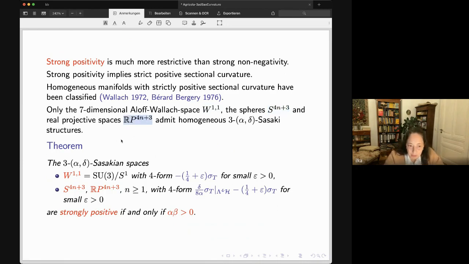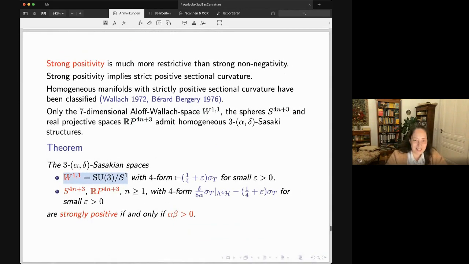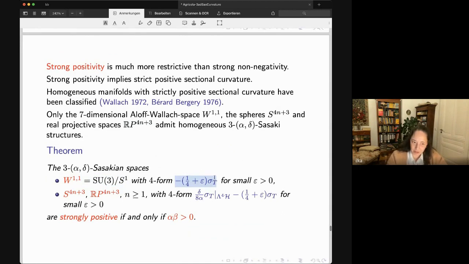Okay, so the theorem which was known before qualitatively but not explicitly is that the free alpha delta Sasaki spaces, which are the 7-dimensional Aloff-Wallach spaces with this 4-form for some small epsilon, as well as spheres and projective spaces with a 4-form which looks like that, are strongly positive if and only if alpha times beta is positive.